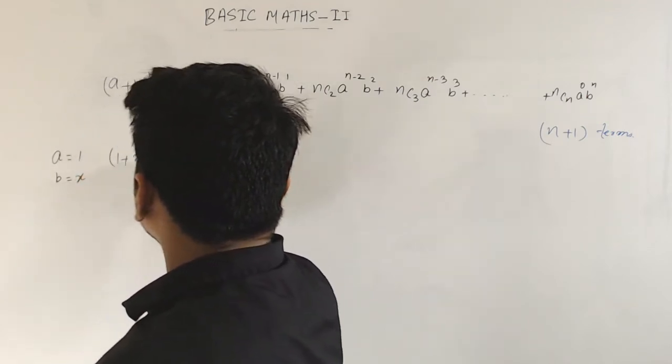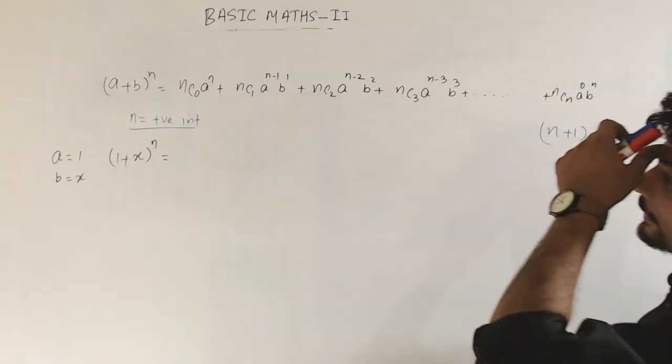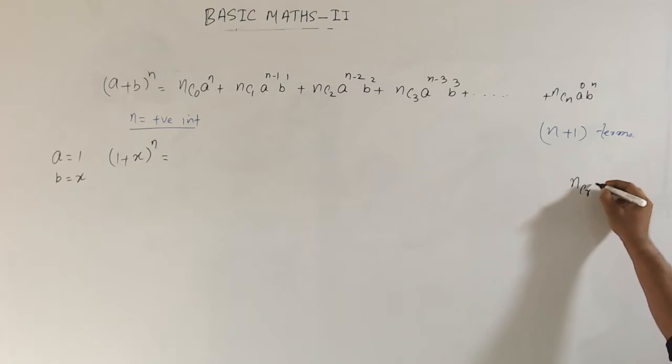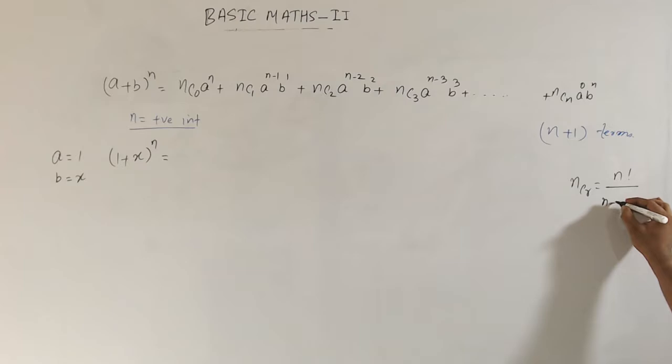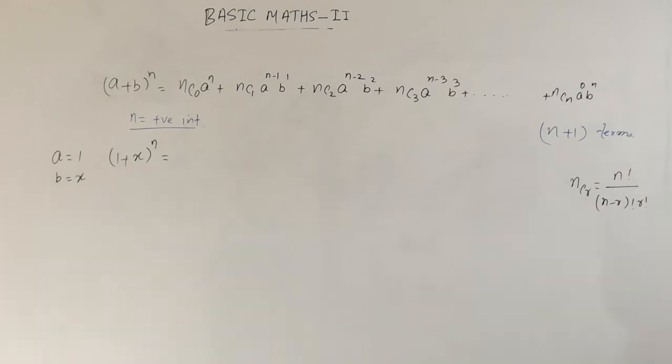Now you must know the meaning of nC0, nC1, nC2 and so on. For that you should be aware that nCr is given as n factorial upon (n minus r) factorial times r factorial. I hope this part is visible. Now what is the meaning of factorial?